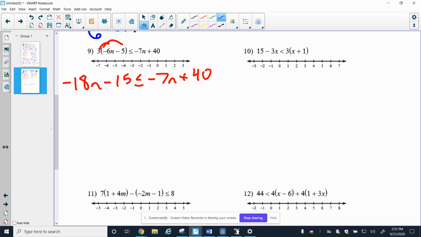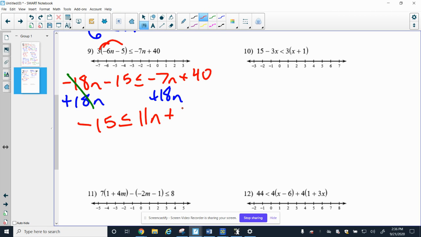So to get rid of a negative 18n, we would add 18n on both sides. Okay, that would cancel out this negative 18n. So we'd be left on the left side with negative 15, less than or equal to negative 7n plus 18n. Well, that would be 11n plus 40.